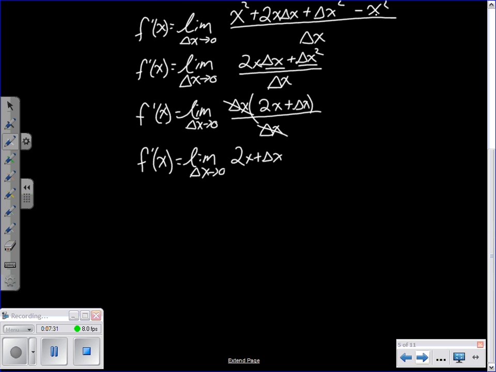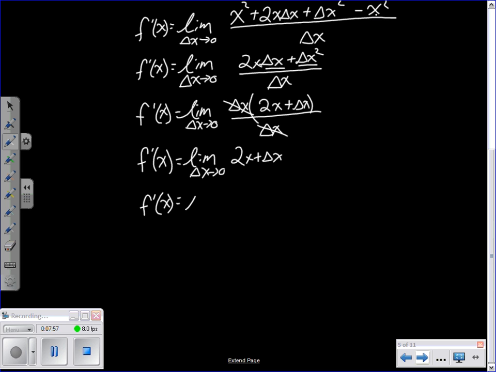So at this point, I still haven't actually found the limit. The reason is that if I had plugged 0 in for delta x in the beginning, I would have gotten an indeterminate form. And what we know about indeterminate forms is that you either need to factor or use the conjugate in order to get rid of that indeterminate form. So what I can do now is simply plug in 0 for delta x, and that's going to give me my value.